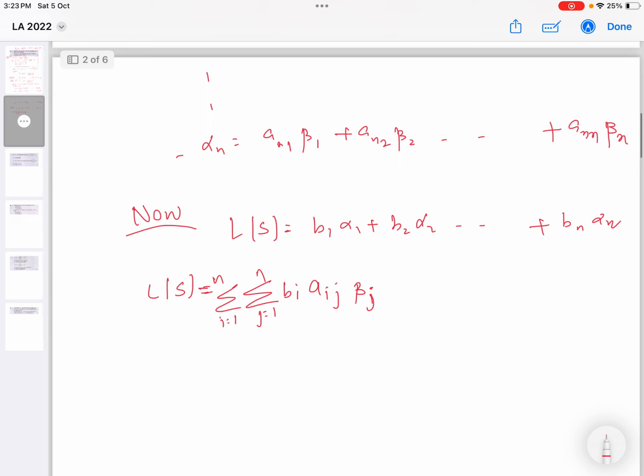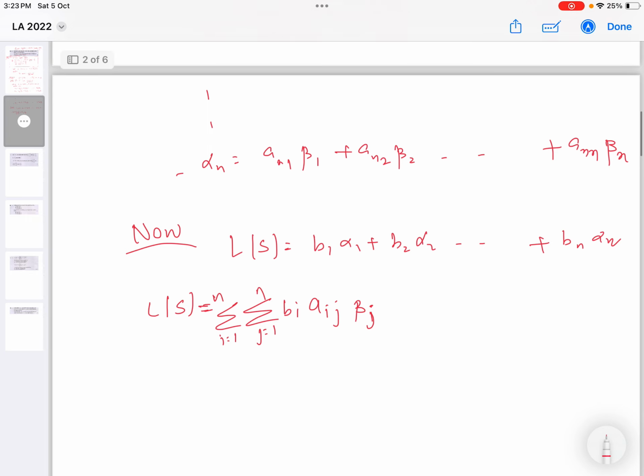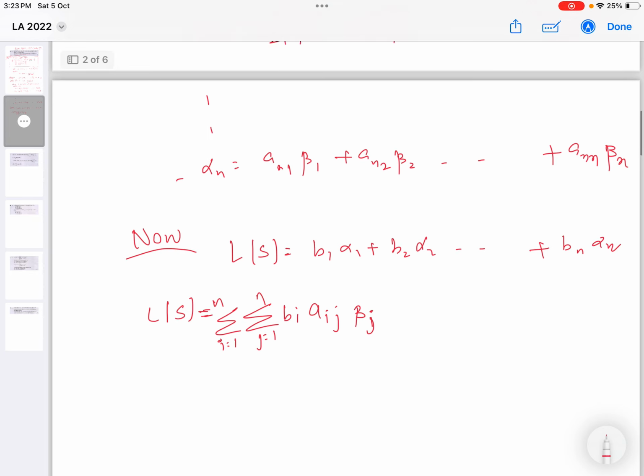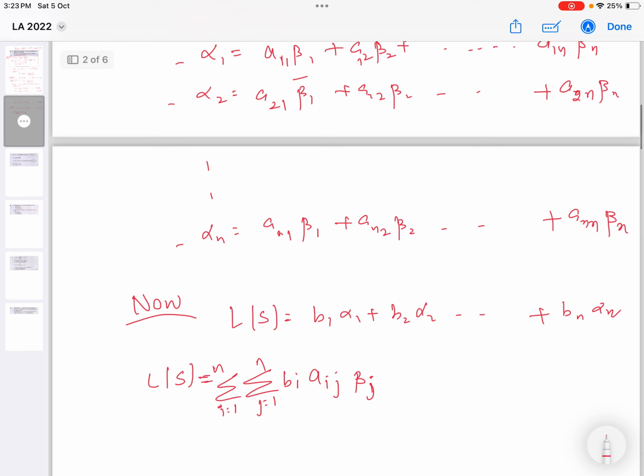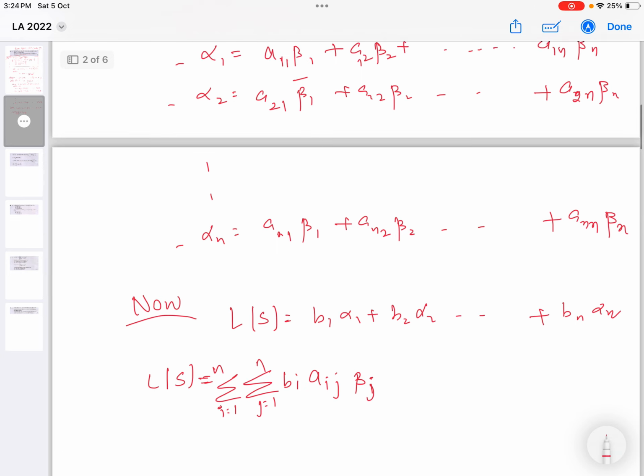If we are not wrong with the summation, we can check it as, for alpha 1 it will go A11, A12, yeah, that's good.